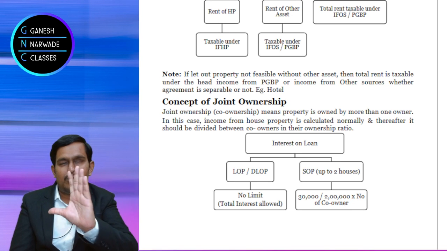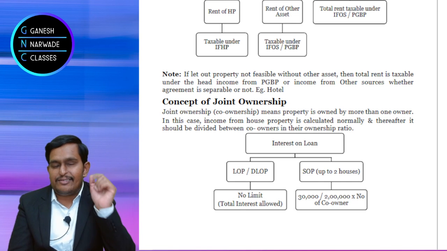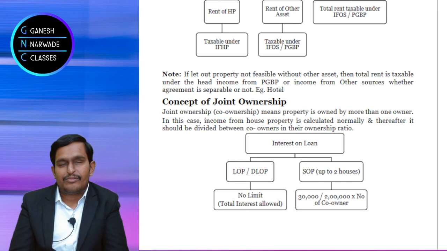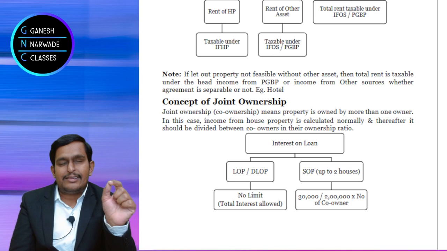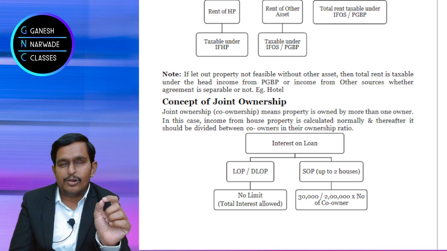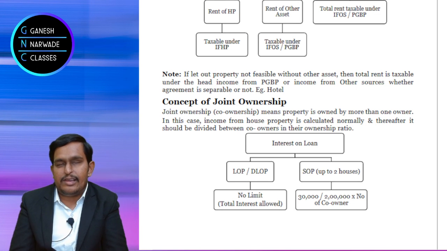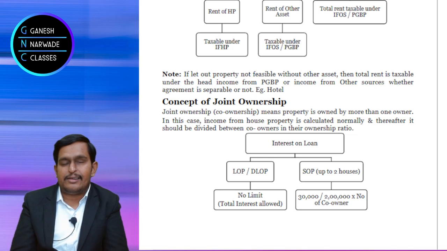Consider that there are no multiple owners and compute the income as we discussed till now, right? And once the income is derived, then what to do? Are their shares fixed? Is there a proper ratio? If yes, divide the income between them in the ratio. Okay, let them include their respective income in their income tax return.